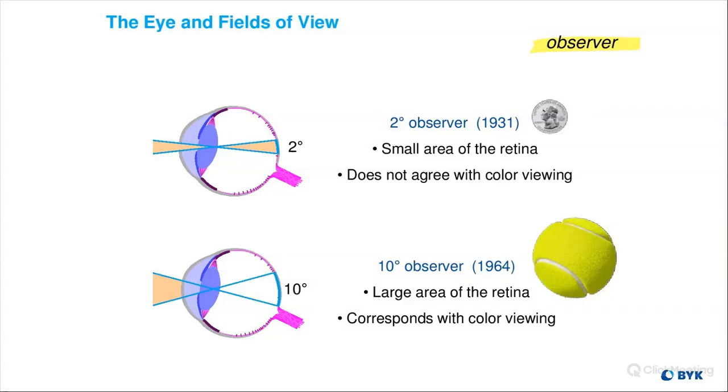So as a rule of thumb, if you're measuring something the size of a tennis ball or larger, you're going to want to use the 10-degree observer, versus if you're measuring something very small, like something that's printed on a piece of paper, the 2-degree observer is more optimal because it's using a smaller section of your eye.